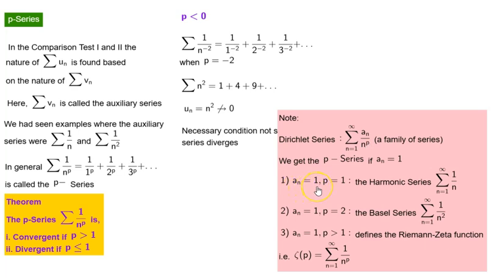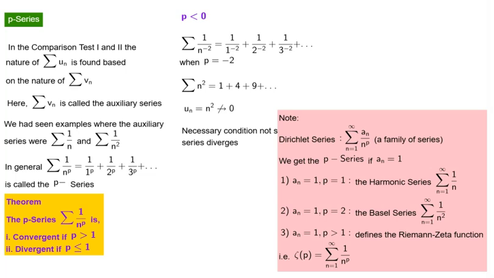When a sub n is equal to 1 and p is equal to 1, we call it the harmonic series. When a sub n is equal to 1 and p is equal to 2, we call it the Basel series. When a sub n is equal to 1 and p is greater than 1, basically, in that case, it defines the Riemann zeta function. These are just interesting aspects of the p series.